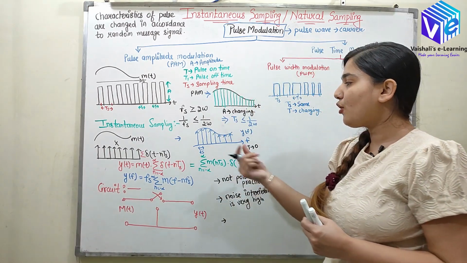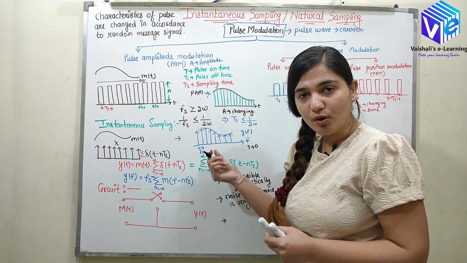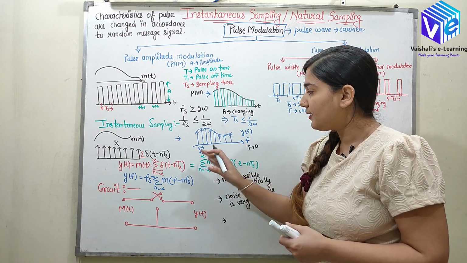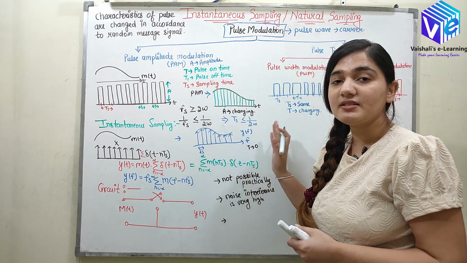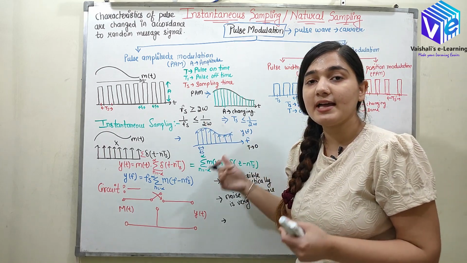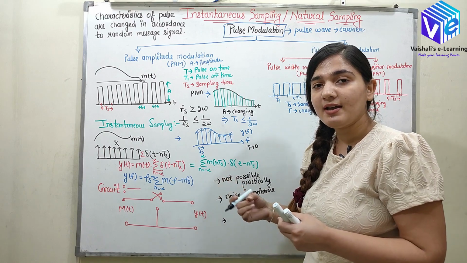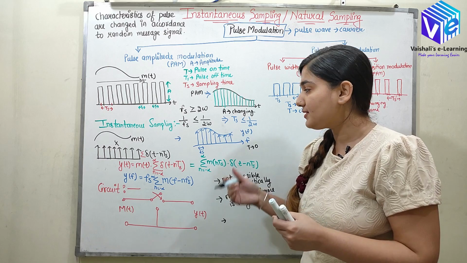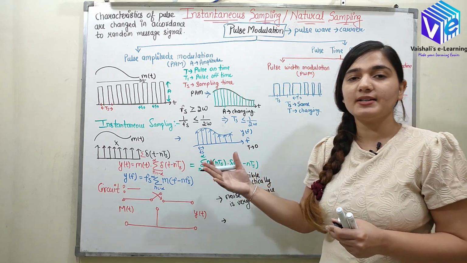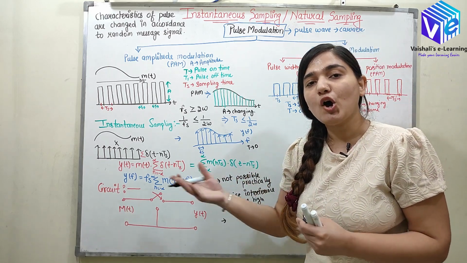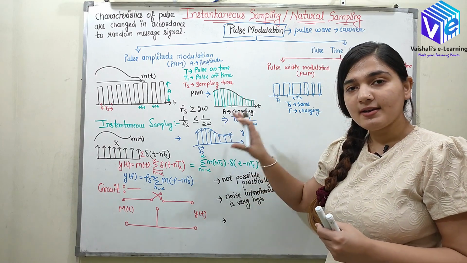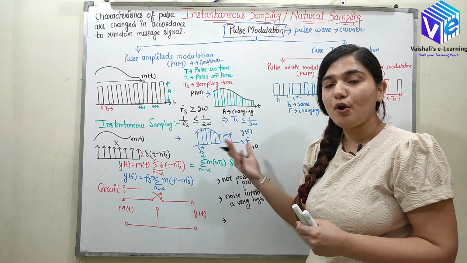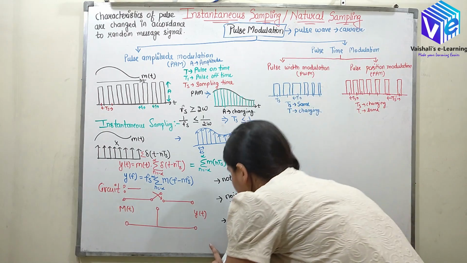And lastly, because the width is tending to 0, the power transmitted by this signal is 0. Because this signal is carrying almost 0 power, it can be changed very fast because of noise, and it cannot be transmitted in the channel to a long distance. The power carrying capability is very less, due to which it cannot be transmitted over long distance.